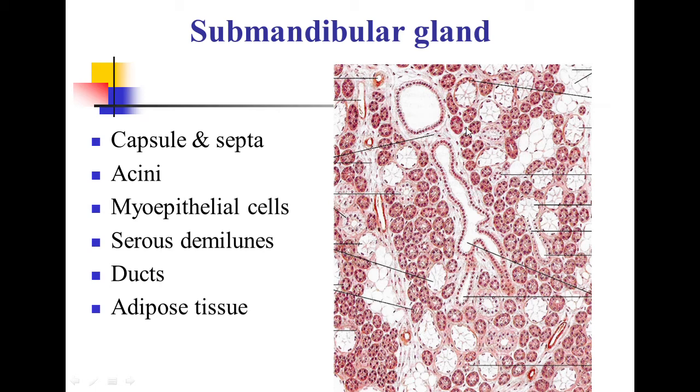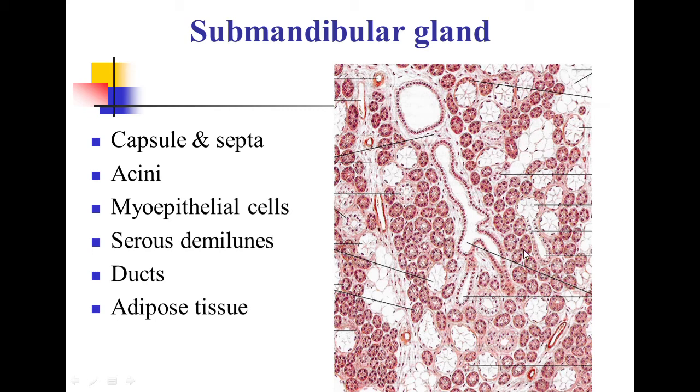That means there are serous acini, and there are mucous acini as well. These are the serous acini, and these are the mucous acini. This is the adipose tissue. Few adipose tissue is seen.